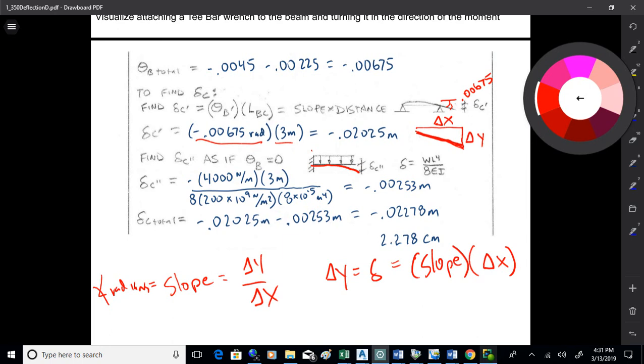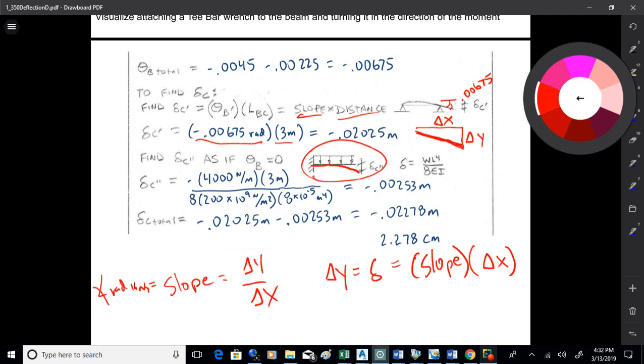So when I consider that, it's negative 4,000 newtons per meter times 3 meters to the fourth, divided by 8, divided by 200 times 10 to the 9, divided by 8 times 10 to the minus 5. That's negative 0.00253. So not only will that beam go down on account of the slope times the distance, it also drops further because there's a uniform cantilever load there.